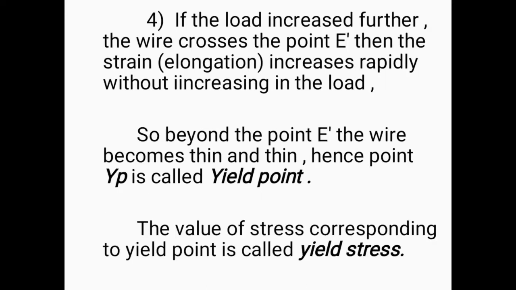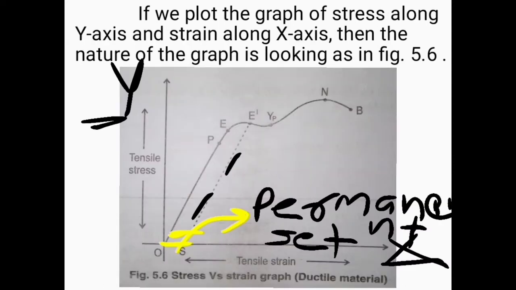Okay, next is the fourth point, that is the yielding point. I will explain with the help of this diagram or graph. When the wire crosses point E dash, strain, that is elongation created in the wire, increases rapidly without increasing the load. So beyond the point E dash, the wire becomes thin and thin. Hence point YP is called the yielding point.